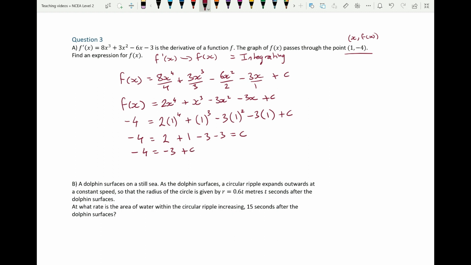So add 3 to both sides, that's negative 1 equals c. So what that means is f of x equals 2x to the power of 4 plus x cubed minus 3x squared minus 3x minus 1. And that's the answer. And that is an achieved for that question.